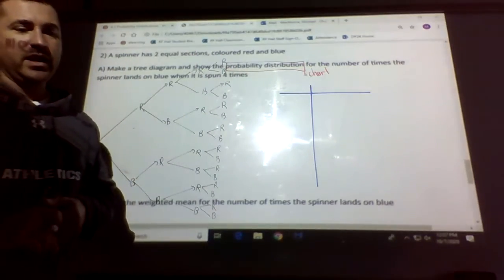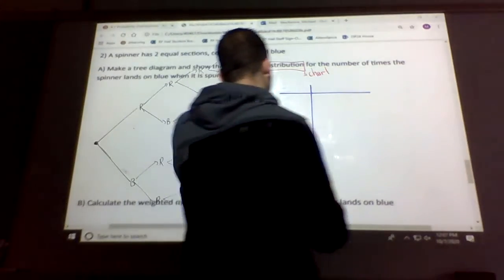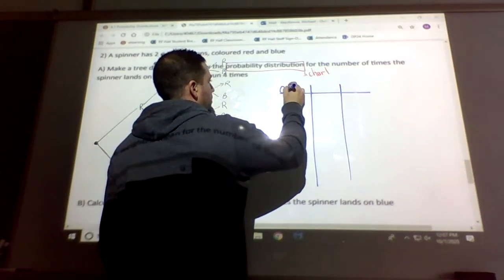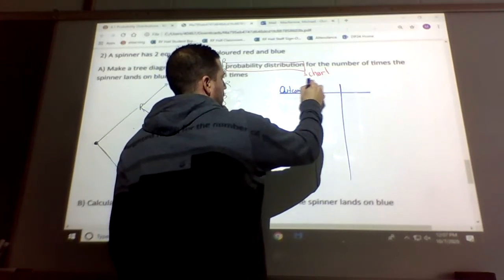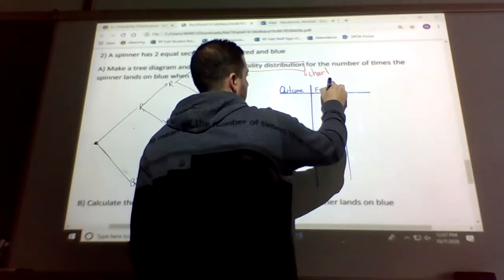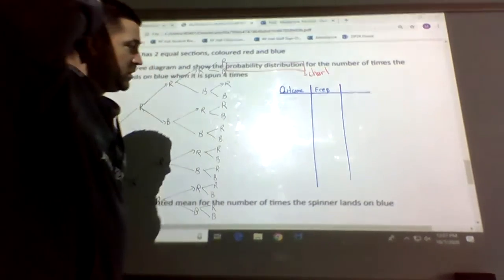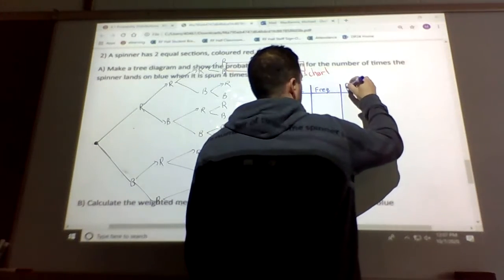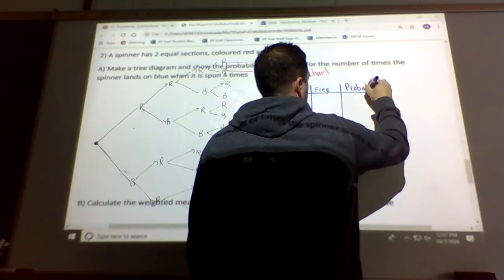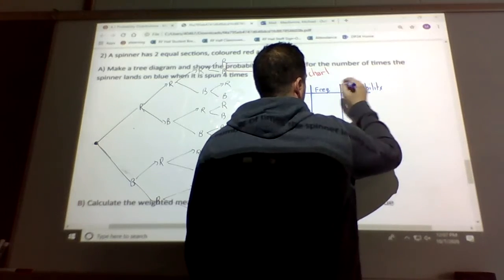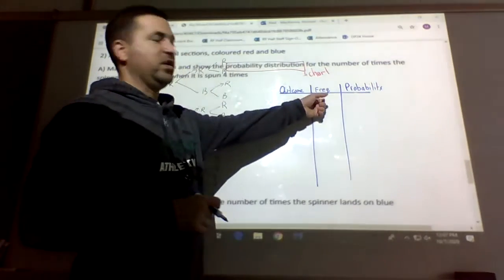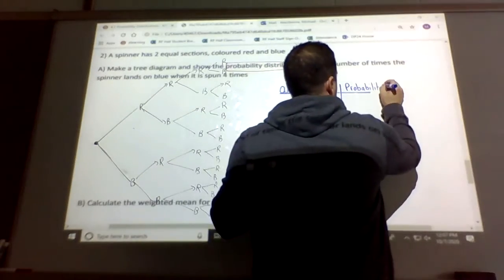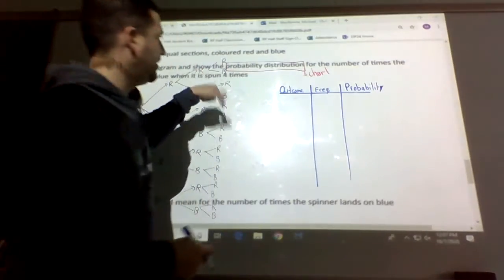I didn't include a frequency in this one because we're going to have to add them up. So we have our outcome, frequency, and then our probability. Usually we don't have the frequency, it's just the outcome and the probability, but we need to count them.